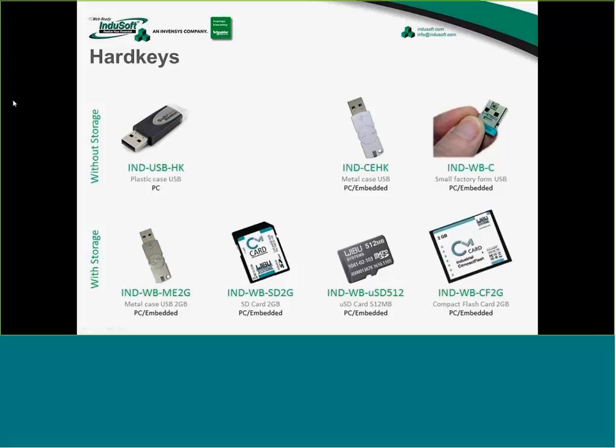So this is very good, for instance, if you have applications where you need the application itself, the runtime and everything on a single flash card, very convenient for embedded systems like Windows CE. You put a flash card that has everything in it. If you have a problem with your HMI, you take your flash card out, you put your flash card on the other HMI, and then everything is going to run.